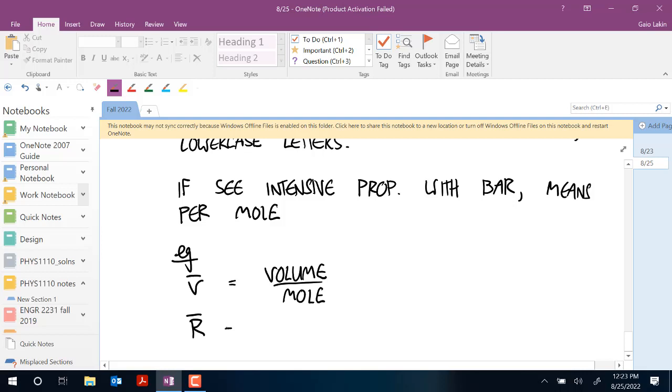So R bar is joules per mole times Kelvin. You can think of that as joules per Kelvin per mole. So this is an intensive property measured per mole.